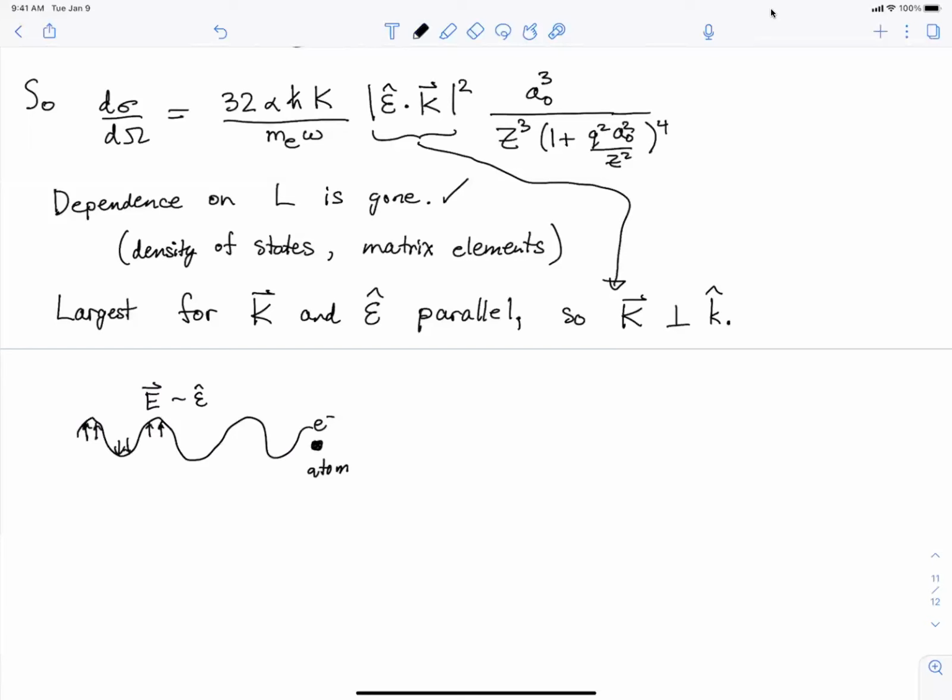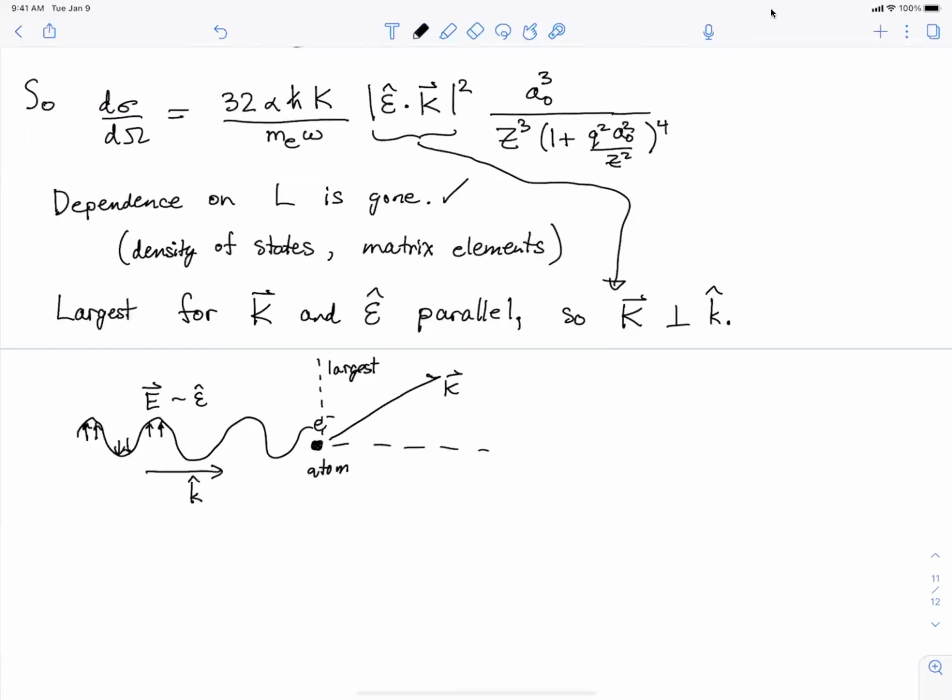And so my electron can go off in any direction I want, but it's going to be largest in this direction. So the reason this makes sense is because the electric field is what's pushing this electron out. And so it's natural that it should go out in the same direction the electric field is going, which is perpendicular to the direction the photon is going.